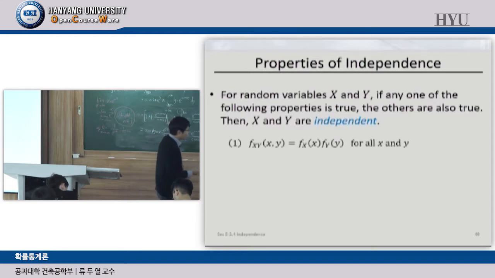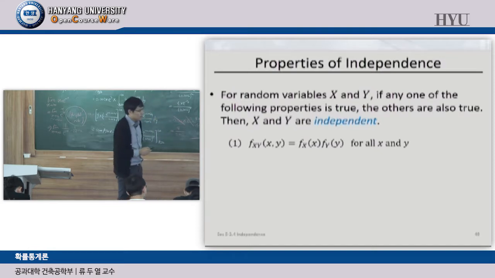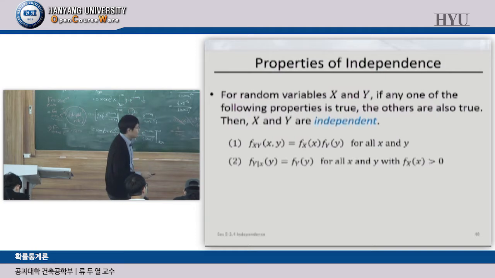The first one is that the joint probability density function of xy should be equal to the multiplication of each marginal probability density function. Okay? That is the first case. And secondly, the conditional probability density function of y given x should be equal to the marginal probability density function of y for all x and y.